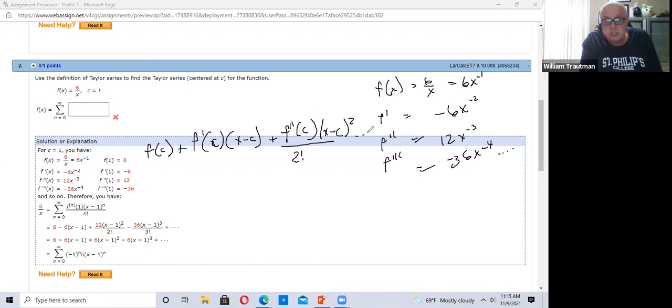And so on and so on. There's more. I could write this on forever. And this time C equals 1.